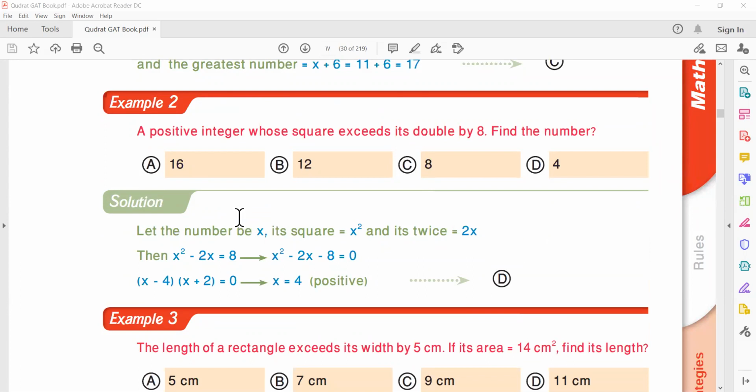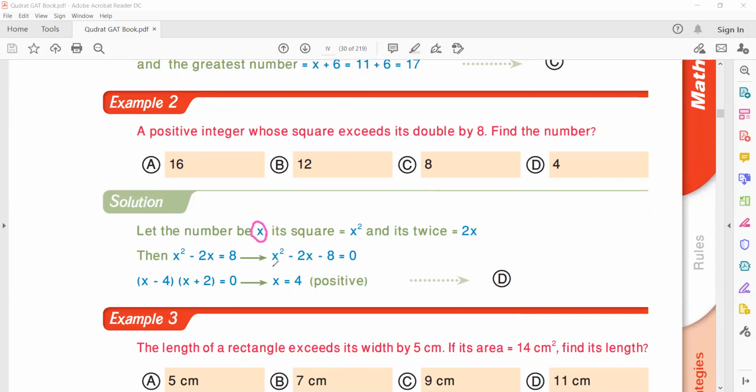Find the number. So we suppose the number is X. He said a positive integer whose square exceeds, so I suppose the number is X.